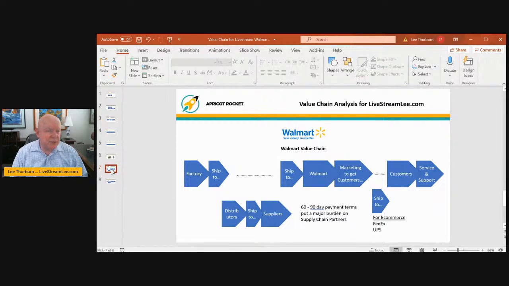I'm sure it started with a central warehouse initially, and then it just grew out from there. But generally speaking, the factory, whoever makes the product, will send the product directly to either a distribution point or a transfer point.